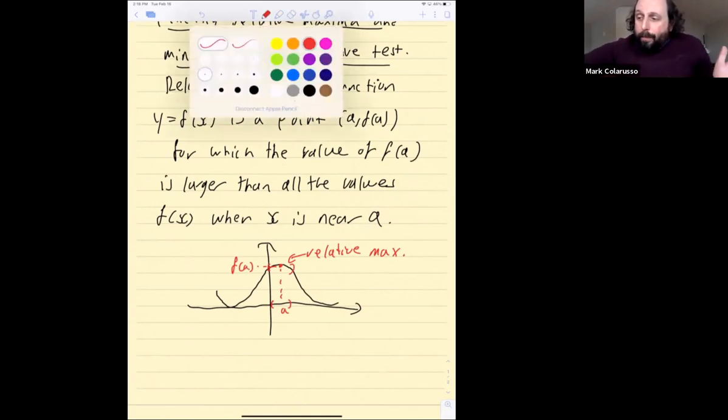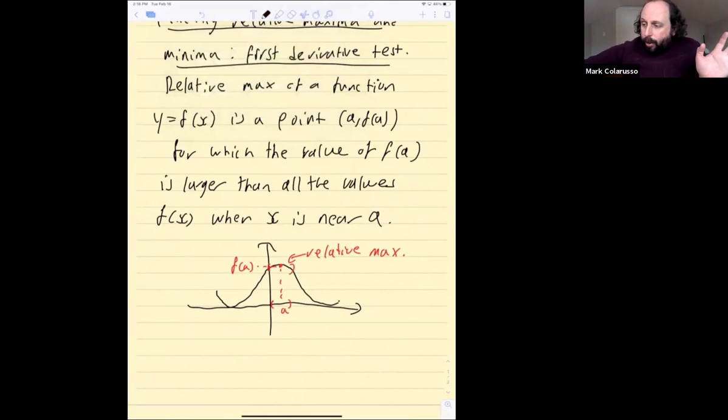It may not be the largest value of the function. We talked about this, right? The function can keep going, and you could have an absolute maximum somewhere else. But thinking locally near the point a, f of a is the largest value, so it's like a little peak there, and that's the relative max.